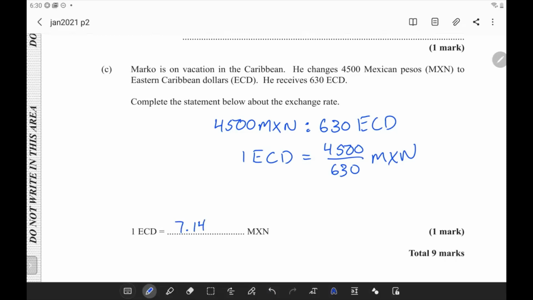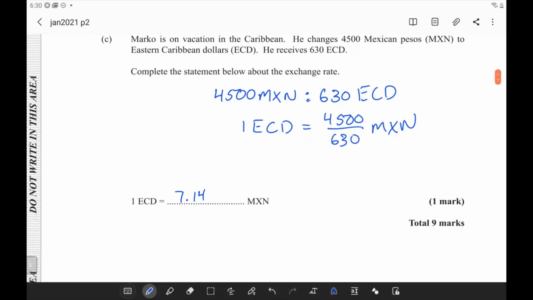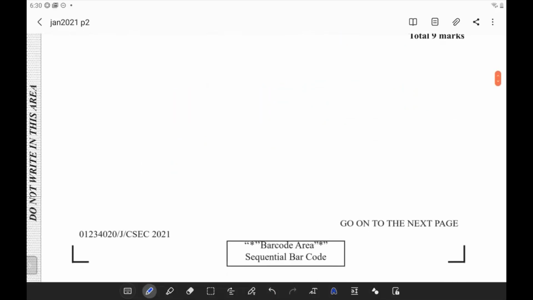All right, remember we use 2 decimal places because since we're dealing with money, the lowest we could get is 1 cent, which is the second decimal place.